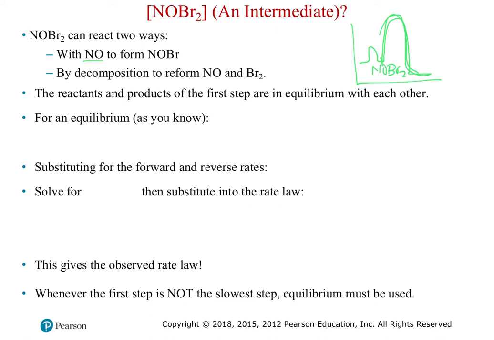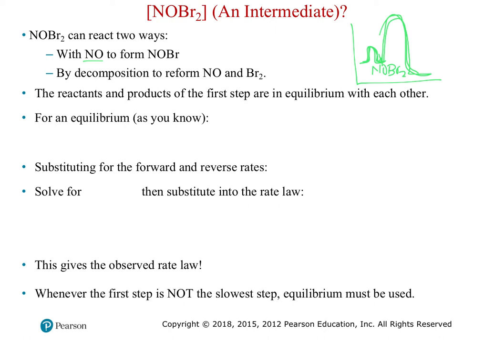Since the first step is fast, that energy bump is really small. So what we actually get is that the molecules can go backwards and forwards, and eventually they're going to reach equilibrium, or they're going to get to the same step.